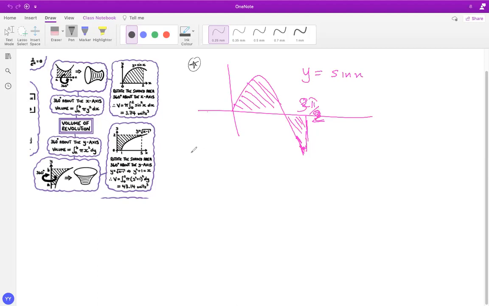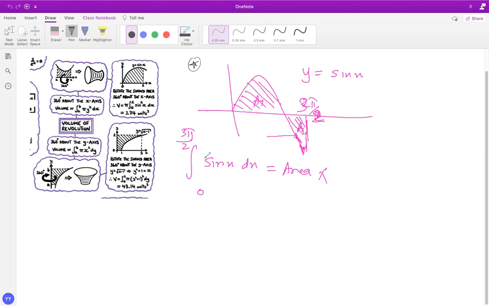If I directly integrate the sine x function from 0 to 3 pi by 2, this answer is not the area, because it is getting cancelled. If I integrate directly, the part which is below the axis gets subtracted, because naturally you're adding a negative value.